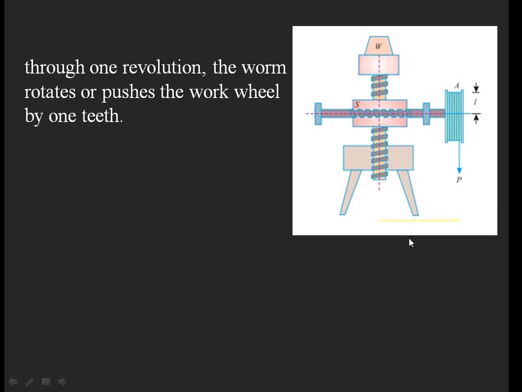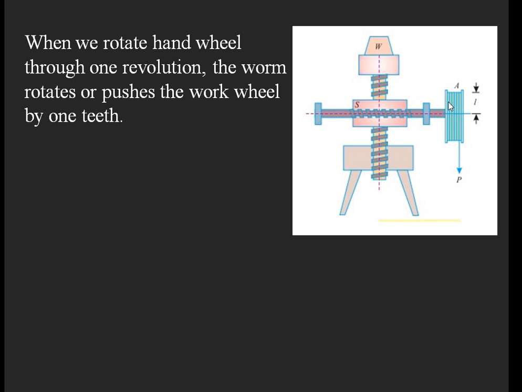Okay, so in the next video I will tell you the exact working of the worm geared screw jack. So here I have given a sentence, read carefully. So I am reading, listen. When we rotate the hand wheel through one revolution, so this is the hand wheel, the worm, which is the worm screw, rotates or pushes the worm wheel by one tooth.